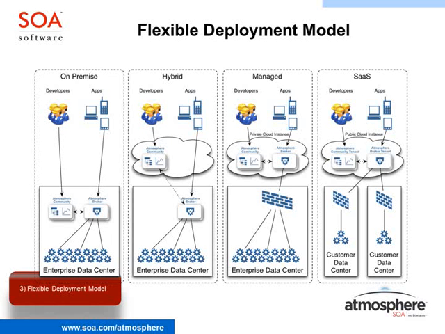So on the left-hand side, we have an on-premise approach where both the community and the Atmosphere broker components are installed in a customer's data center adjacent to their enterprise services and APIs. On the right-hand side, we have a platform as a service-based approach where the installation is fully in the cloud.